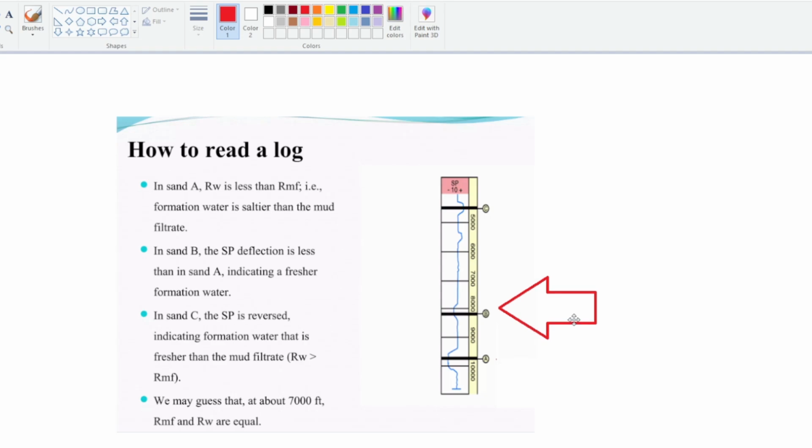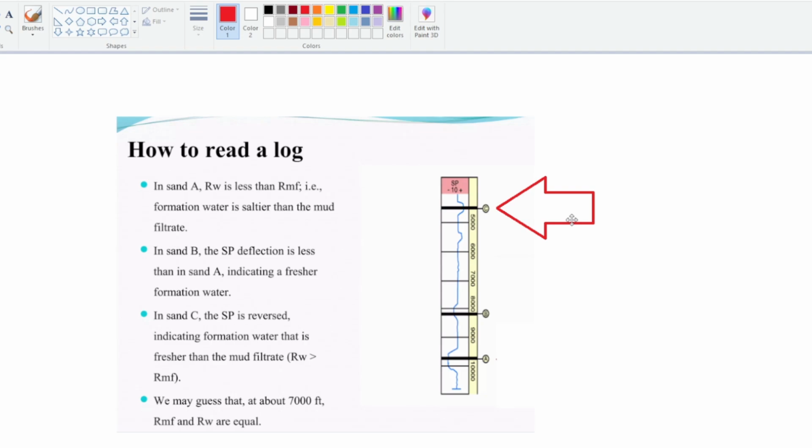So less deflection. But if we take a look at sandstone C, it's reverse. Now the deflection is to the right. Again, the deflection is indicating permeability there, but the switch to the right comes from the salinity again. So we know in this case that the water we have in the formation is fresher than the mud filtrate.